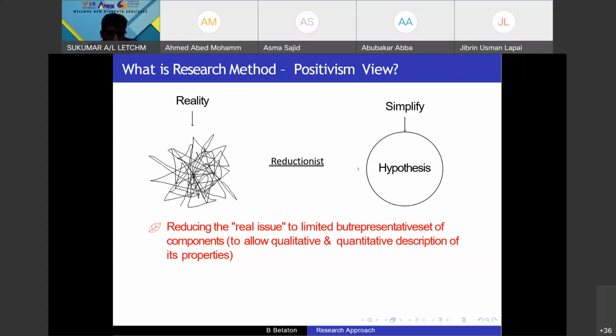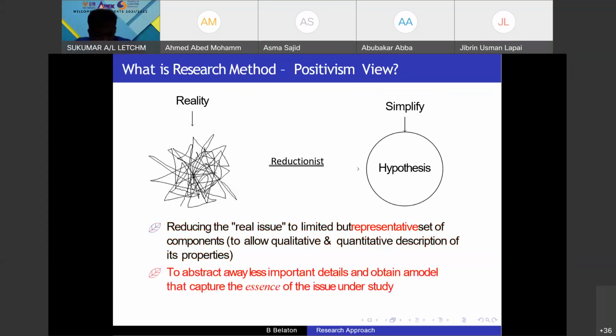Reducing the real issue to a limited but representative set of components allows qualitative and also quantitative description of the properties. Again, you don't necessarily have both. You might have only qualitative research, or only quantitative research. You will learn later how to differentiate between them.